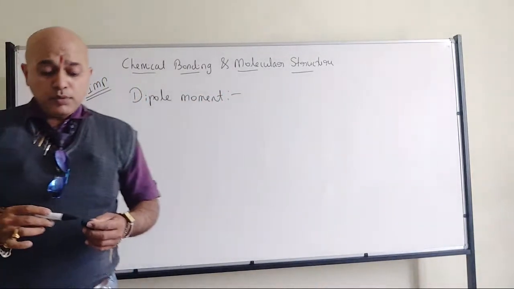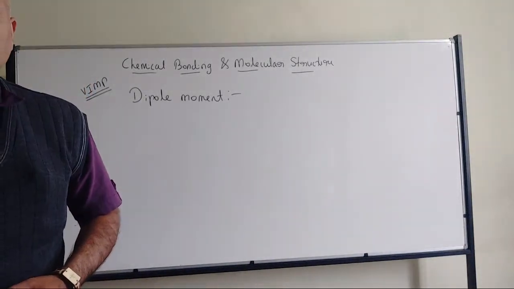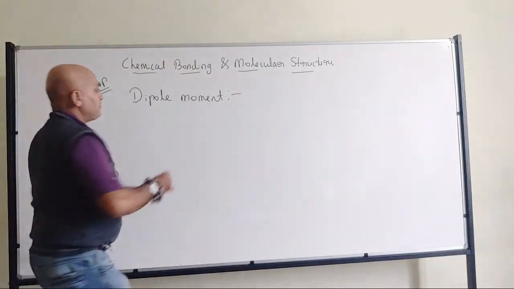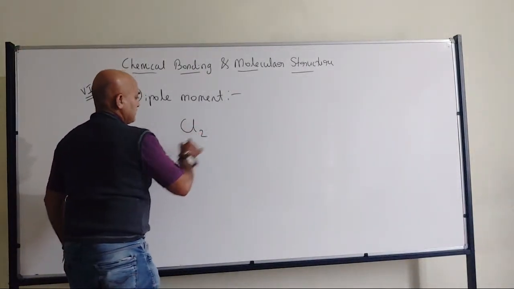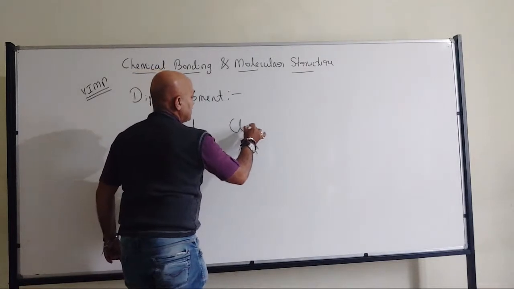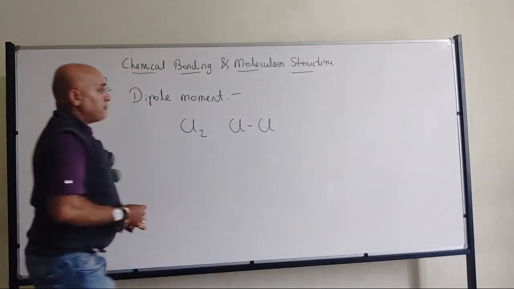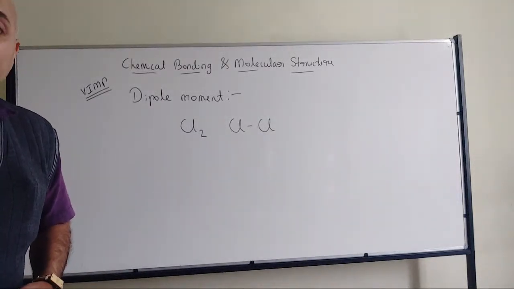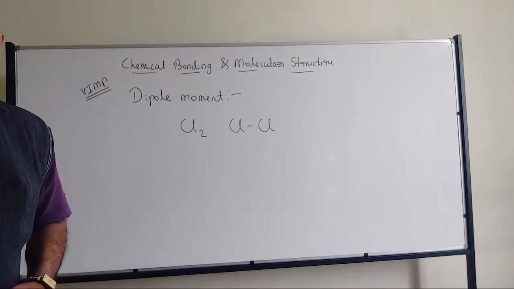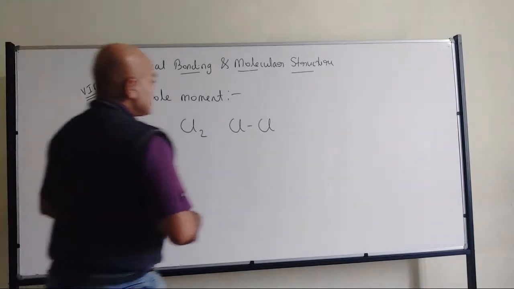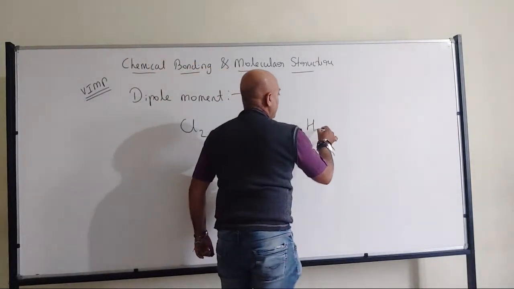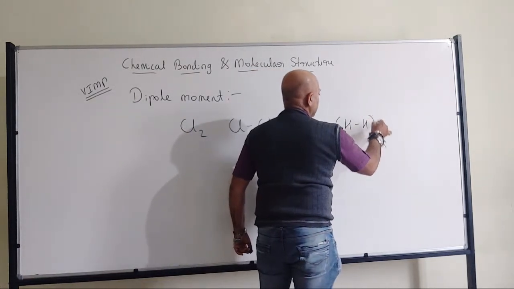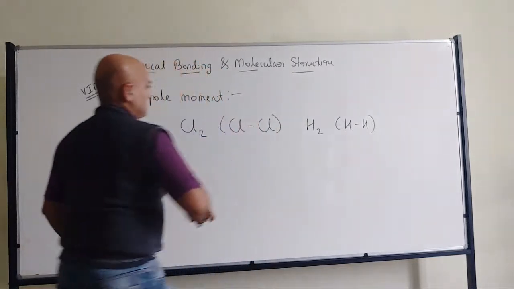Now when I am talking about dipole moment, with respect to a covalent bond, for example, I have the chlorine molecule where two chlorine atoms are attached to each other by a covalent bond, interacting to form the chlorine molecule. Same logic is applicable for the hydrogen molecule, where hydrogen atoms interact with each other.